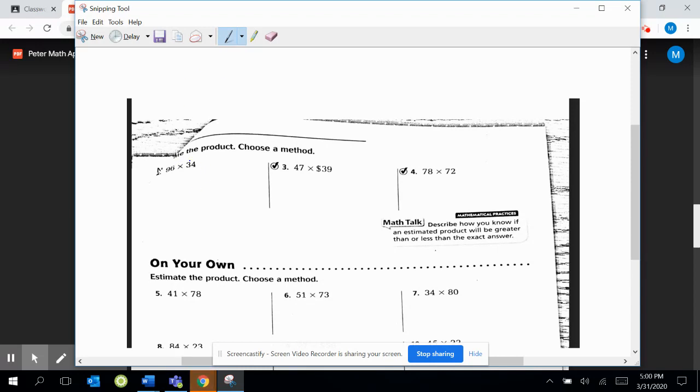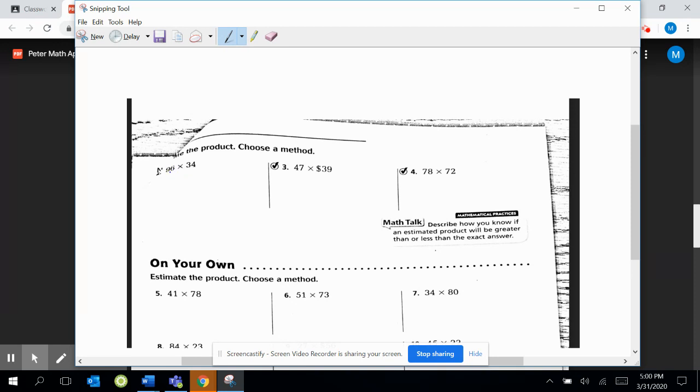Okay, so it says estimate the product. Choose a method. Okay, well neither of these are really close to 25 or numbers like that might be compatible that I can think of. So, well, I guess this is kind of close.